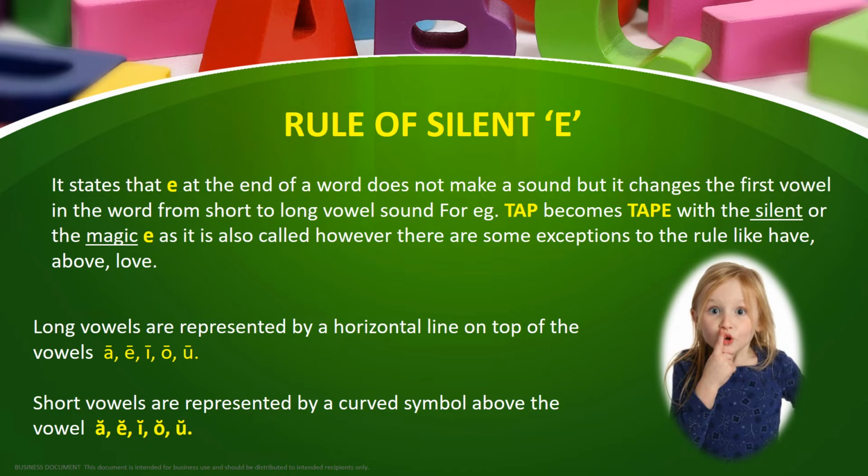So here U is a short vowel sound, and when we represent it, we will put a small curve on top of that letter U. So I hope this is clear to you, and when you read a word in a dictionary, this will help you in deciding whether a word is pronounced as a long vowel word, or is it pronounced as a short vowel word. Now we will look at some examples in the next slide.